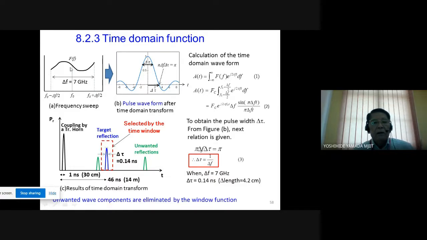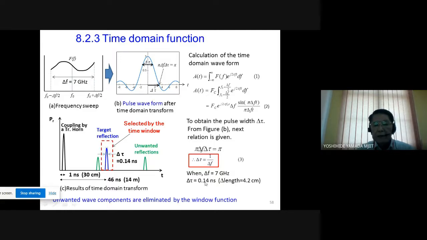The swept frequency becomes a pulse shape in the time domain. The pulse width is expressed by the inverse of the sweep frequency range.